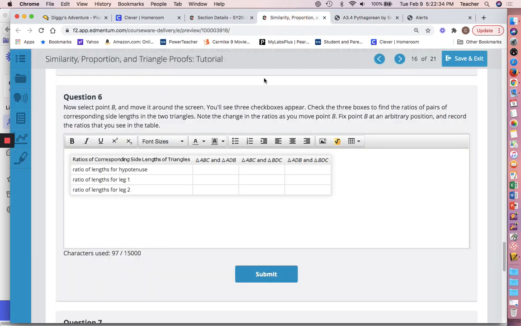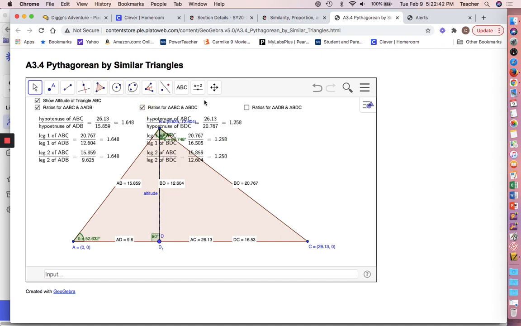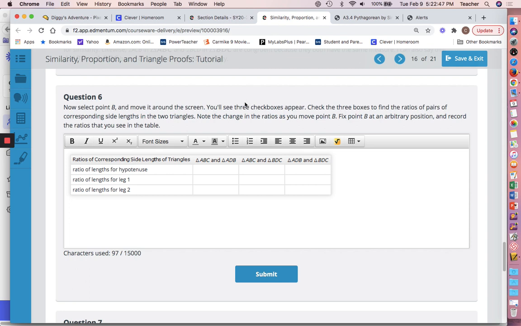Check the 3 boxes to find the ratios of pairs of corresponding sides in the 2 triangles. Okay, ratios. Note the change in ratios as you move B. Fix B at an arbitrary position, which I've already done, and record the ratios that you see in the table.